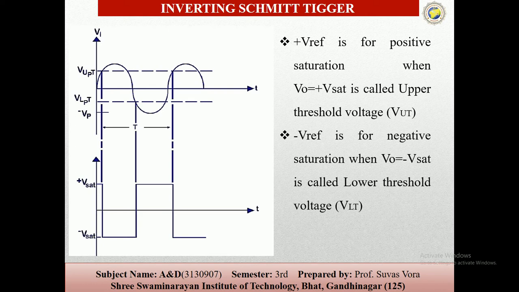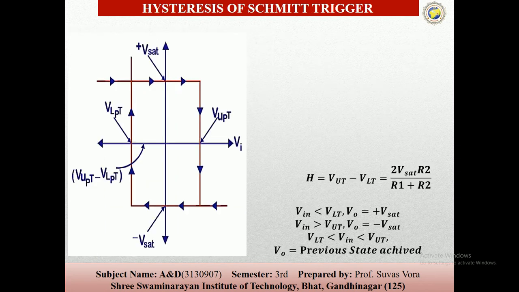You can see here that when the sine wave cuts the upper limit, the state of the square wave changes. In a similar way, when it cuts the negative limit, the state changes. So this is the inverting Schmitt trigger.